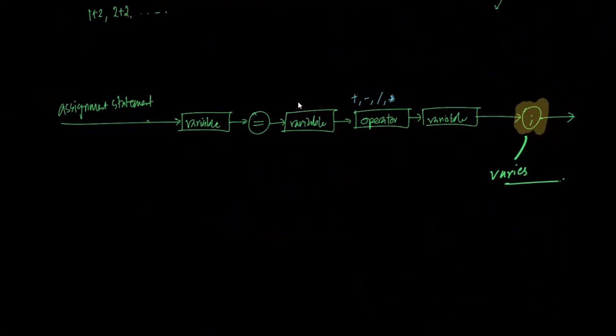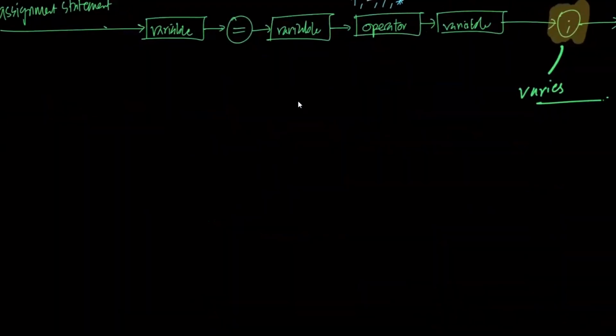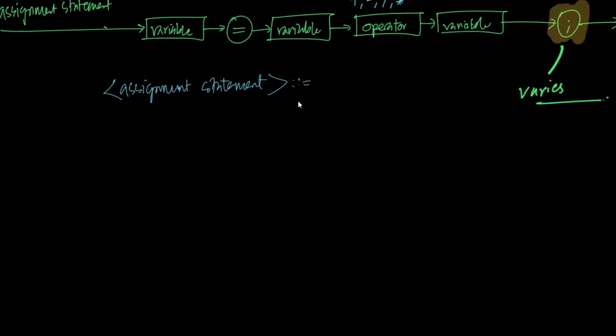All right. So now how do you write assignment statements in Backus-Naur form? Very simple. If you can understand the syntax diagram, assignment statement is going to be double equals to value, and then we put the fixed value equal to value operator.